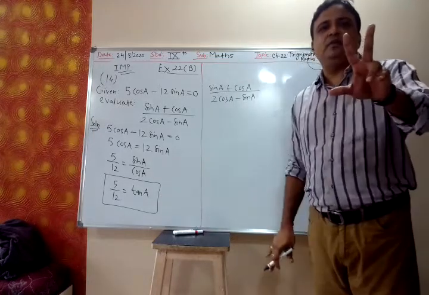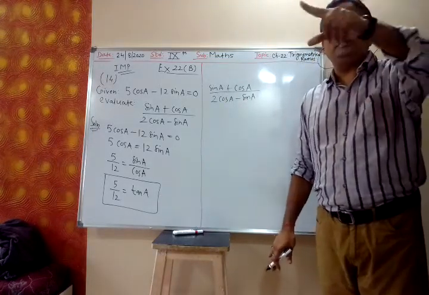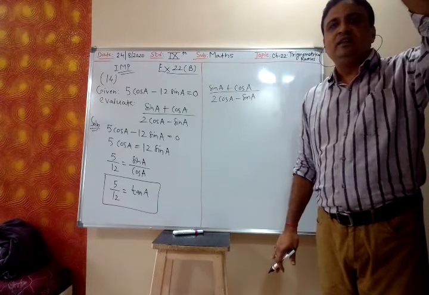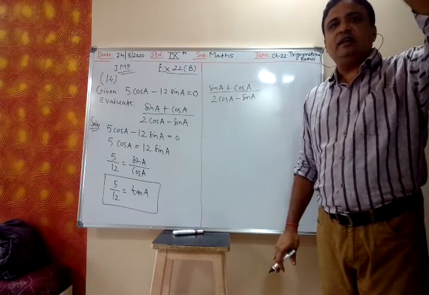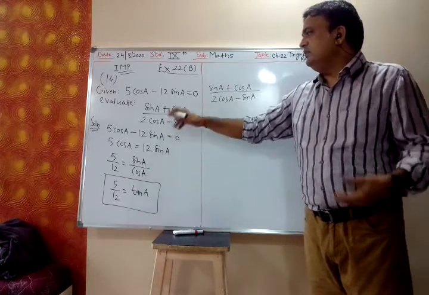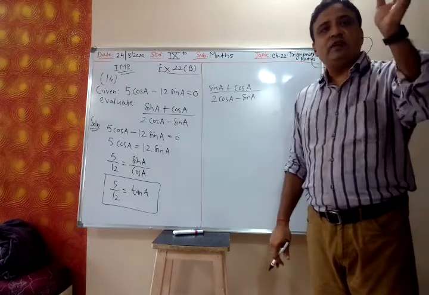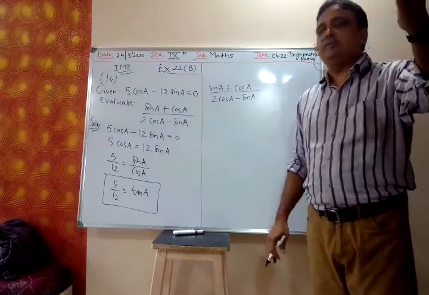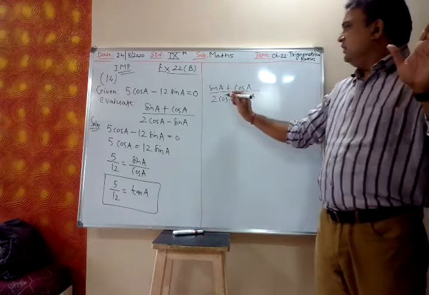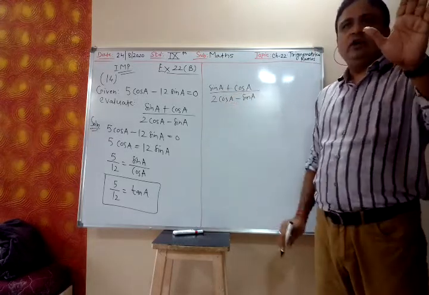There are two methods. One is by drawing the diagram: using Pythagoras, find the third side, the hypotenuse, and then find sin A and cos A, substitute the values and simplify. That is one method. Now the second method I am doing without drawing the diagram.